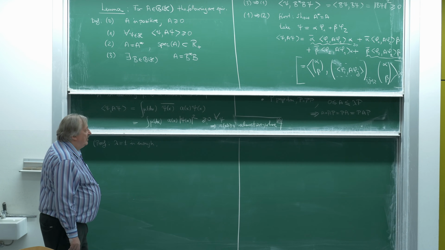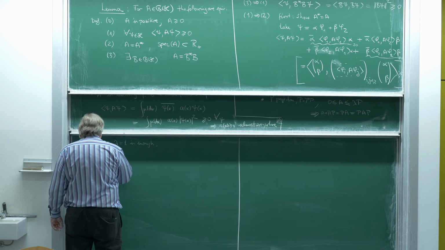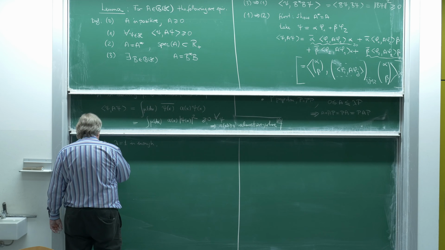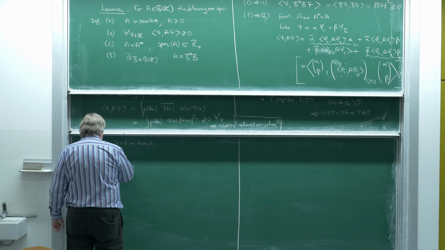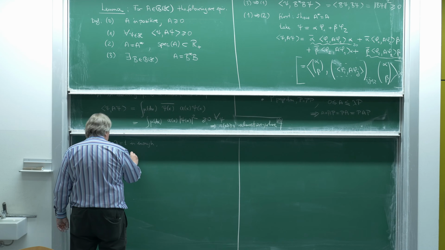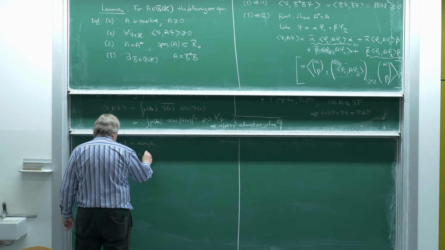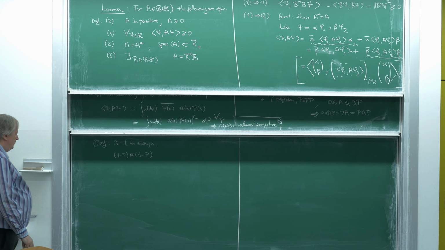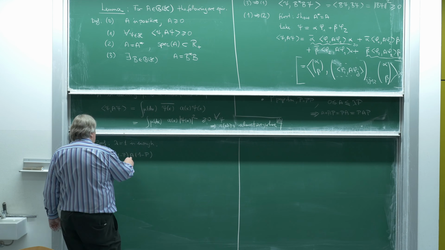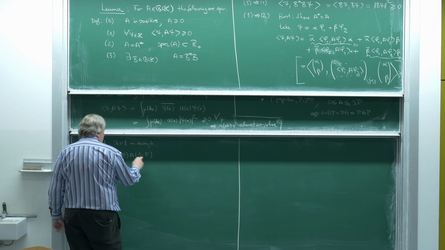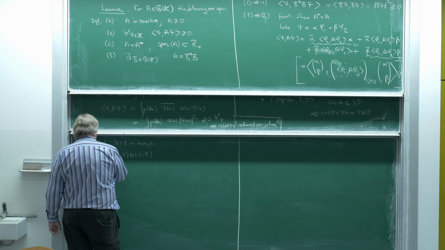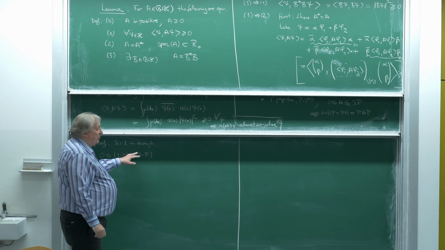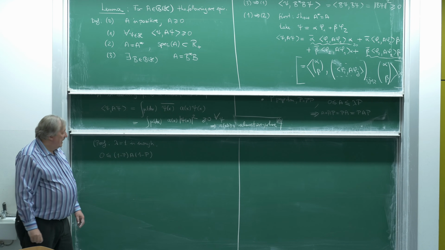now A is less than P. So we're looking at 1 minus P times A times 1 minus P. And because this operator, 1 minus P, is self-adjoint, we know that this is again a positive operator. Right?